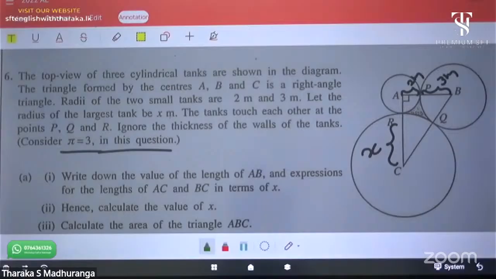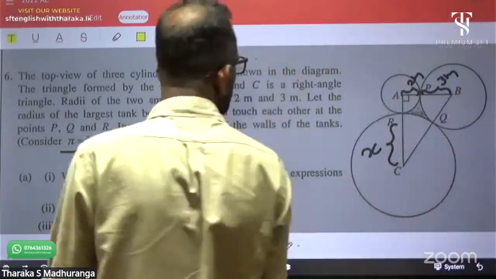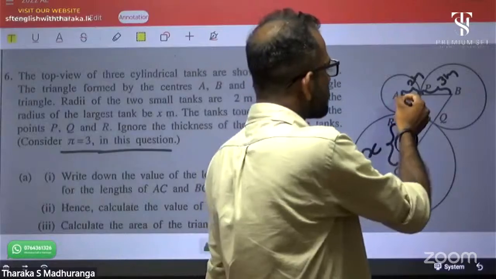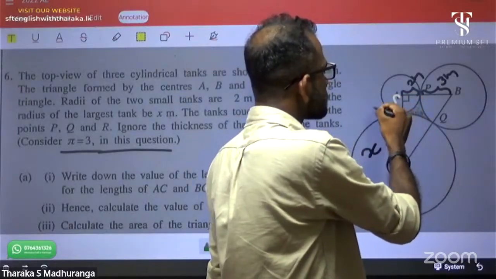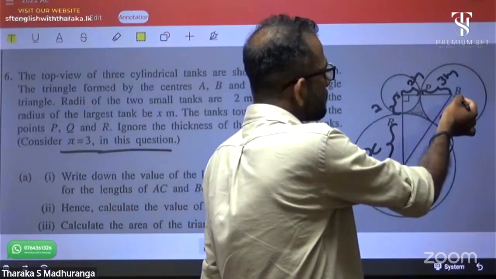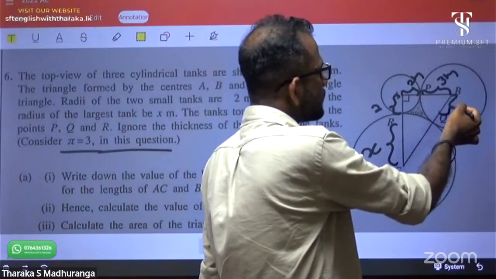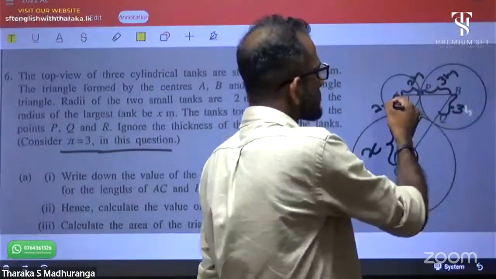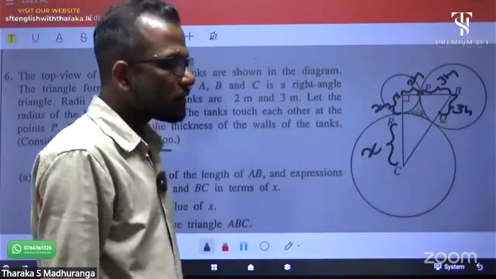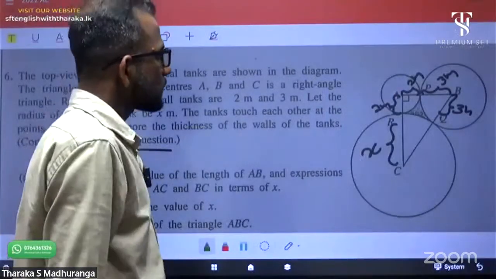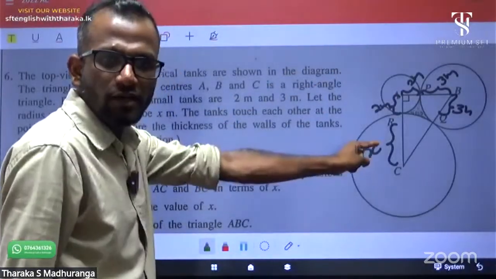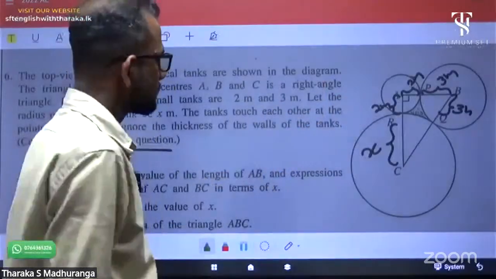If you got it, send your answers. I got it. Now this one also 2, right? A to P also 2. B to Q also 3 because radius. Now AC equals what? 2 plus x.